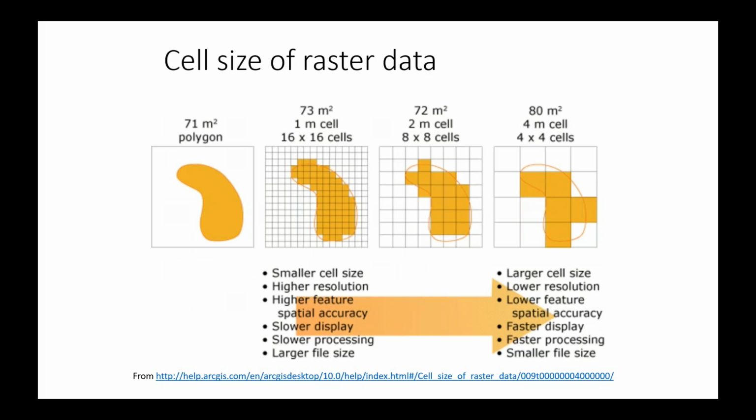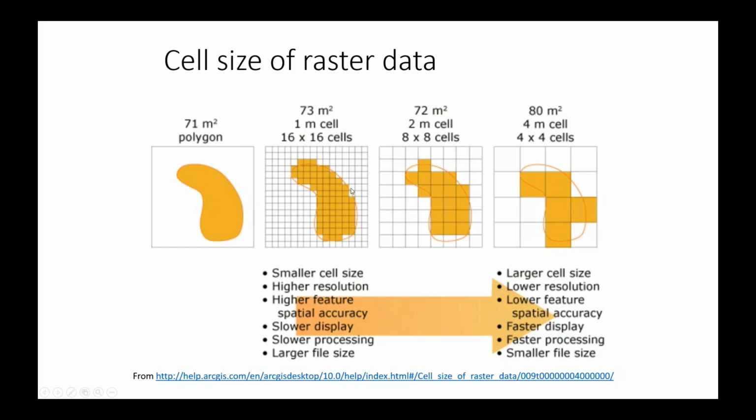There's also a dependency on size, and this illustration taken from one of the ArcGIS help files makes that point. If you have fairly large cell sizes, as we have on the right, you get a fairly coarse representation of what might be this polygonal shape, perhaps a golf sand trap.